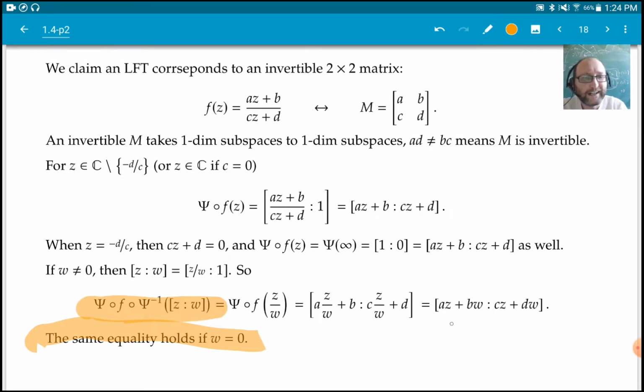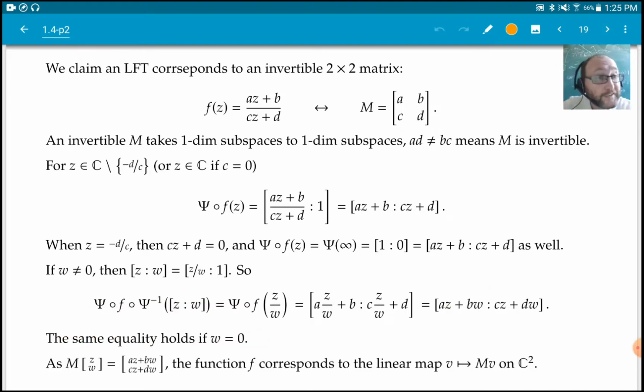You still get this. That's an easy thing to check. So it holds for any point in CP1. Sorry about that. Okay, so if I apply the matrix M to ZW, I get this.